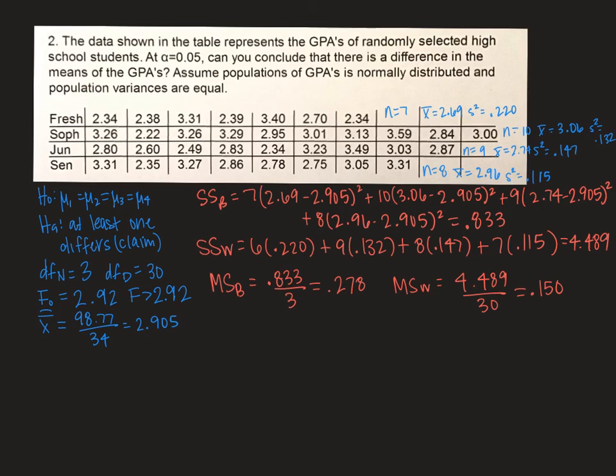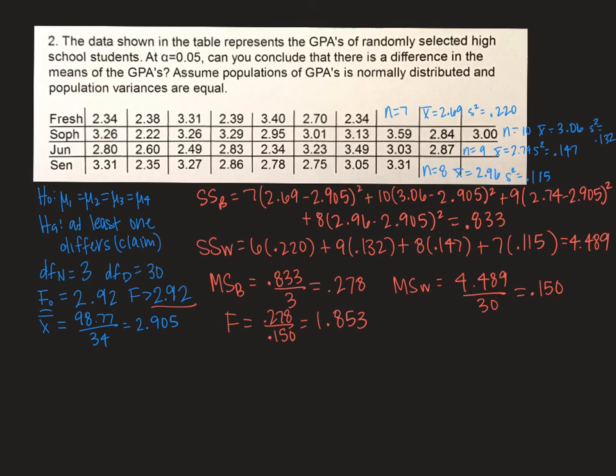And then to find F, we're going to divide those two, which gives us about 1.853 or 1.85, which is not greater than 2.92.